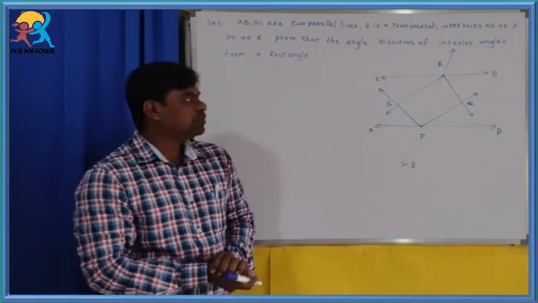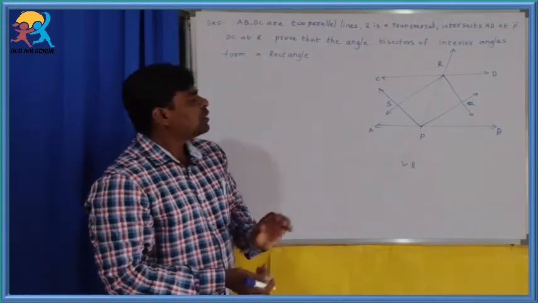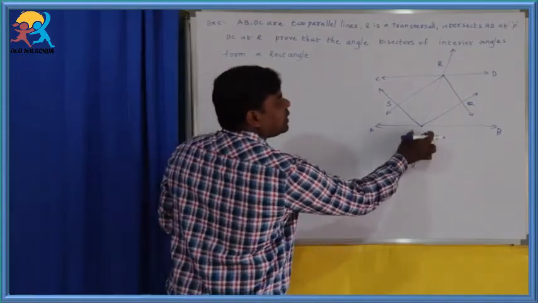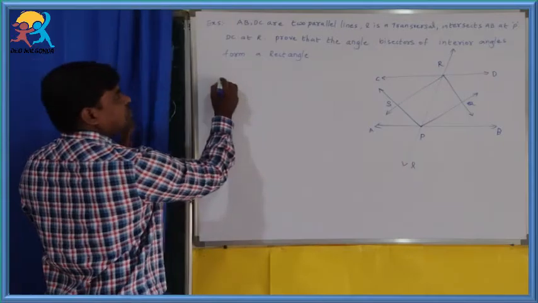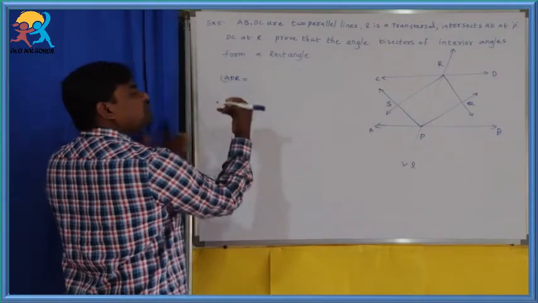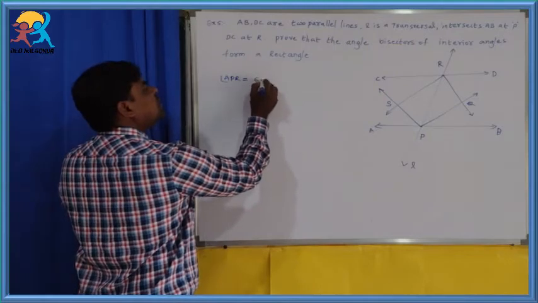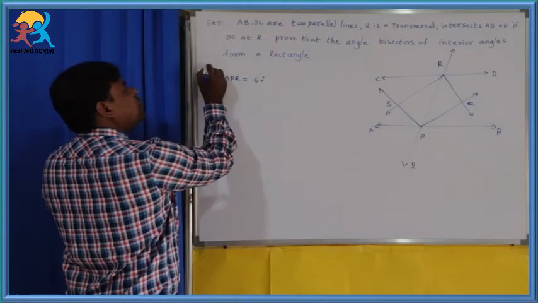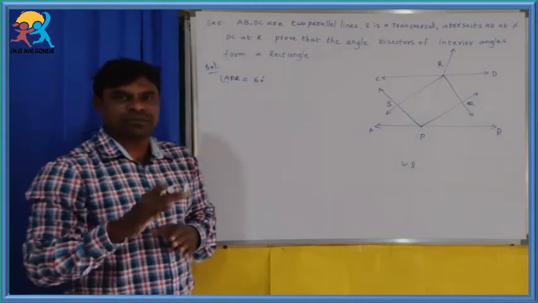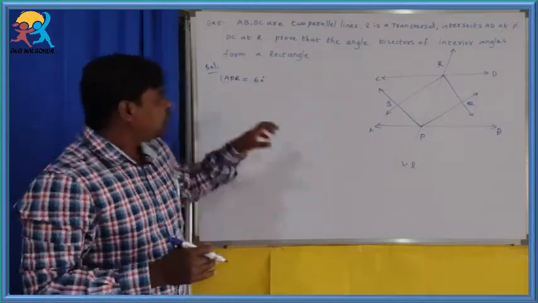This we have to prove. First of all, we will take angle APR, that is equal to, I am going to take as 60 degrees again. We will solve this by using the examples, that will be very easy.